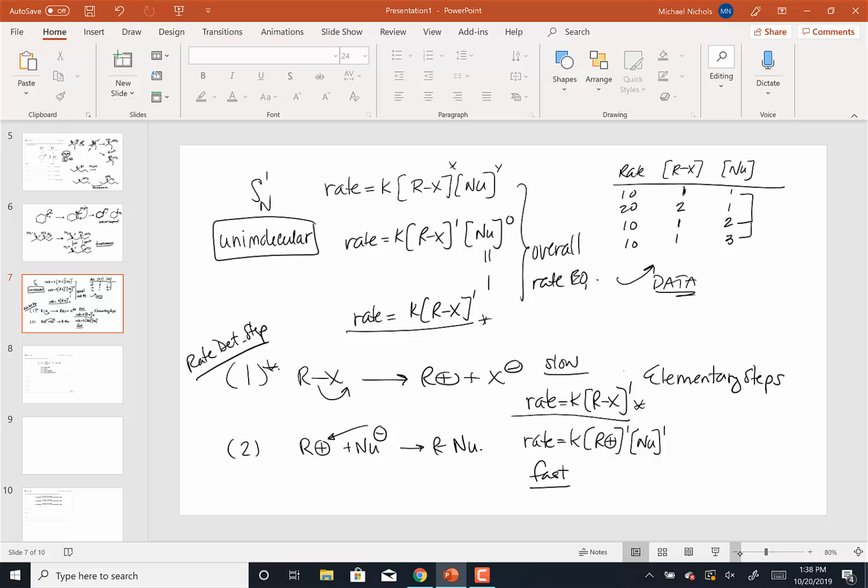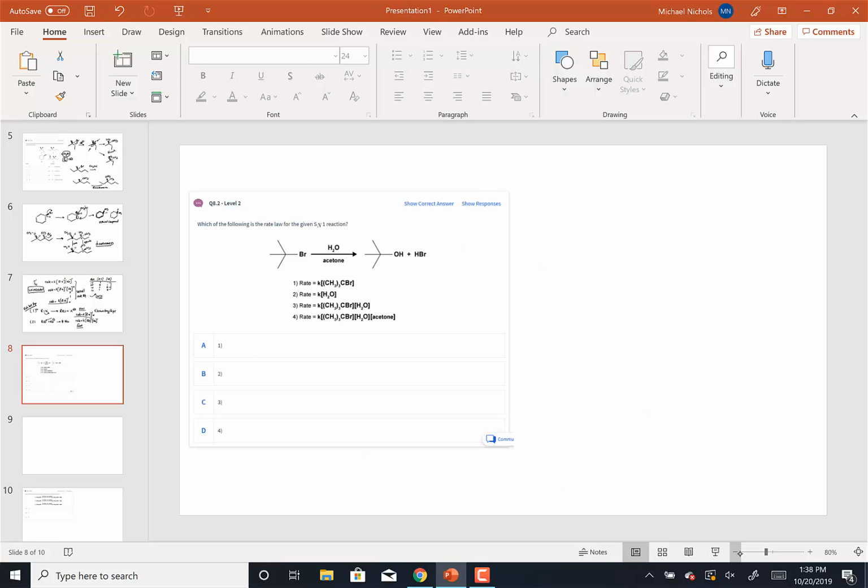Okay, and that's important if we look at problem number 2 here, where it says, what is the rate law for this reaction? In this case, we take the tertiary butyl bromide and react it with H2O. Acetone is the solvent, so it doesn't play a role. Since this is a tertiary halide plus a weak nucleophile, that makes the reaction SN1, which they've told you.